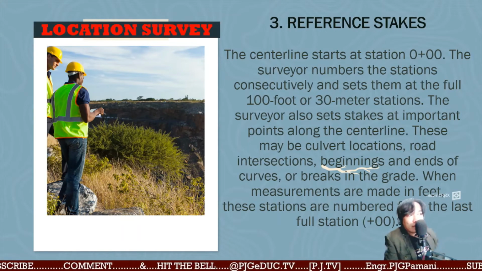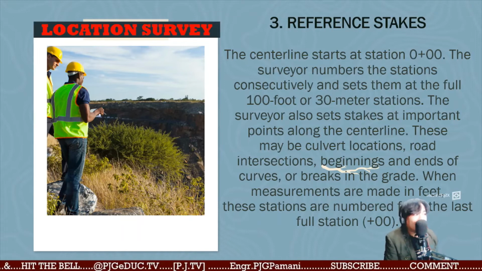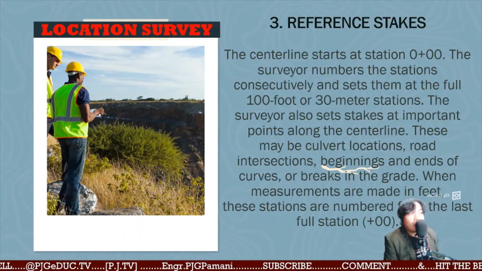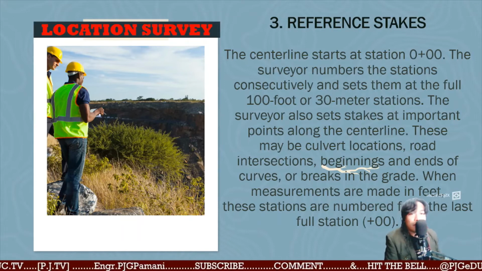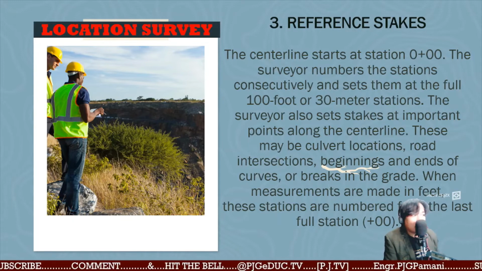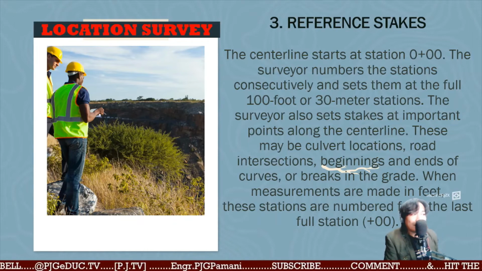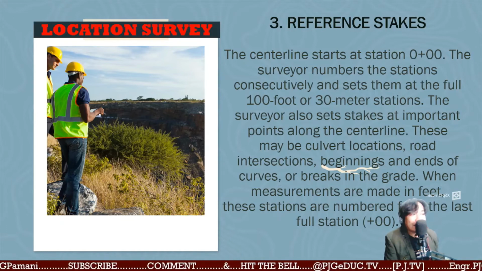Now, for reference stakes, the center line starts from station 0 plus 00. The surveyor numbers the stations consecutively and sets them at a full station of 100 foot or 30-meter stations. The surveyor also sets stakes at important points along the center line. This may be culvert locations, road intersections, beginnings and ends of the curves, or breaks in the grade.